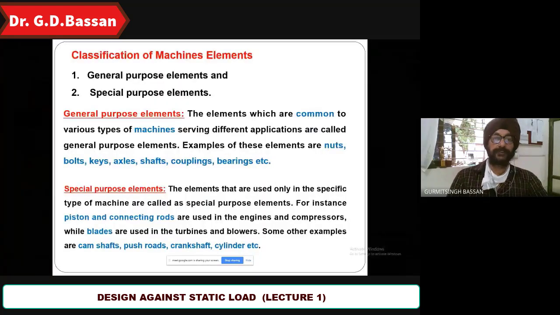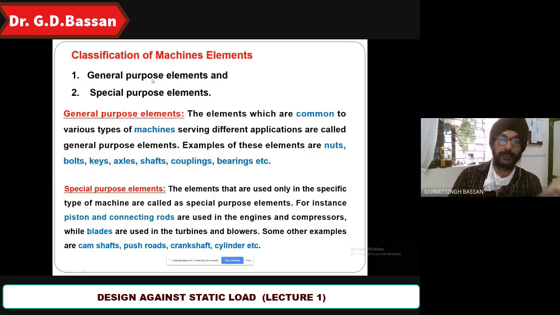Now, classification of the machinery. One is general purpose elements and another is special purpose elements. Now, what are general purpose elements? The elements which are common to all kinds of machines and are used for different applications are called general purpose elements.